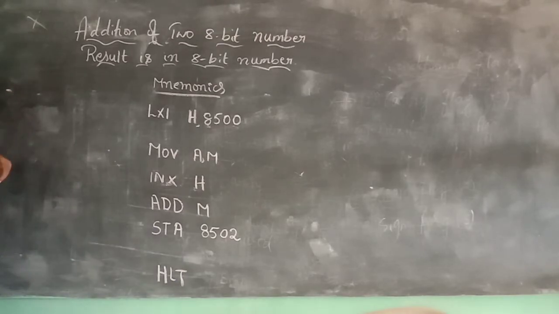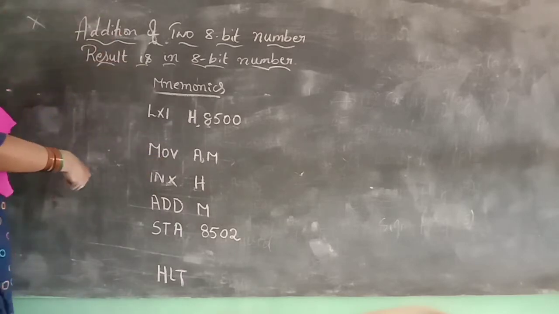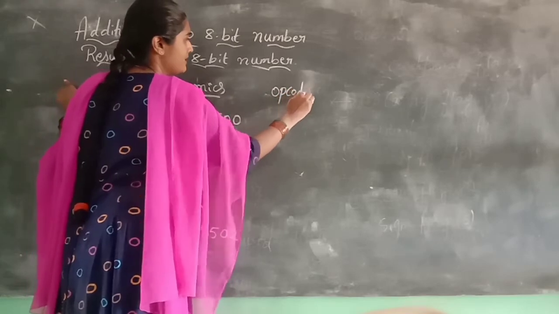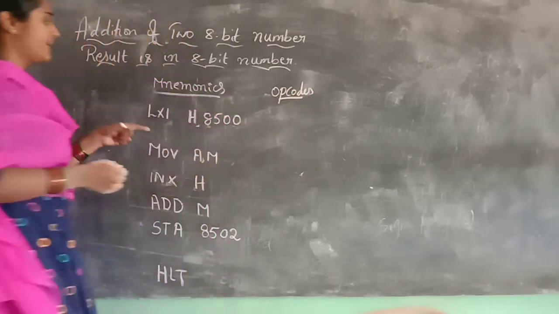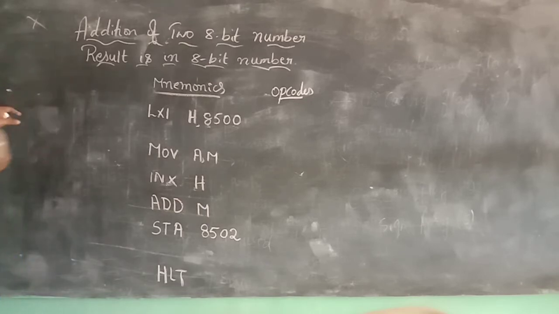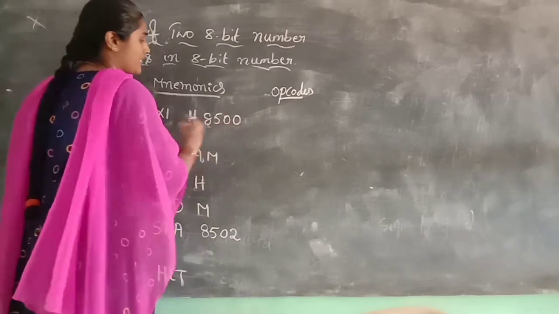And next, stop the program: HLT. Next, after the mnemonics, you write the opcodes. What is the opcode for LXI H? Go through the opcode sheet, check, and fill in the opcodes.